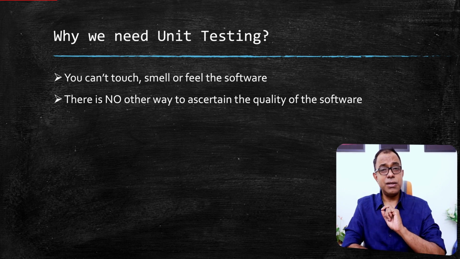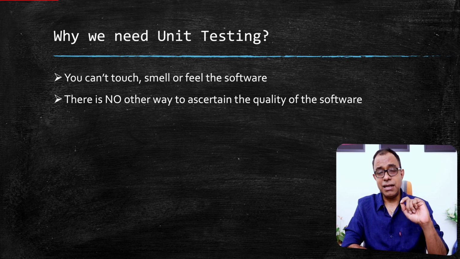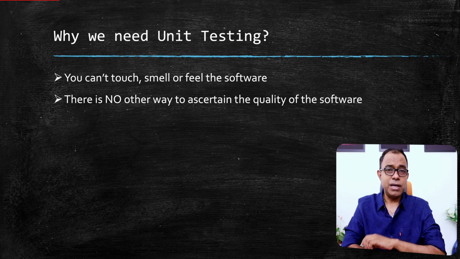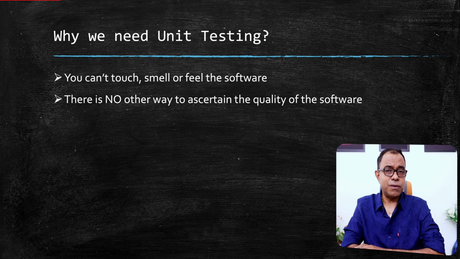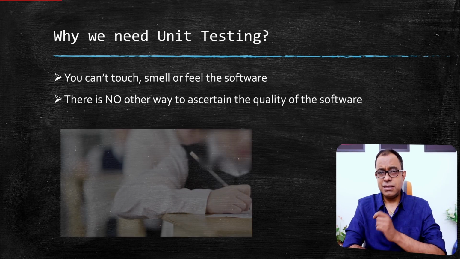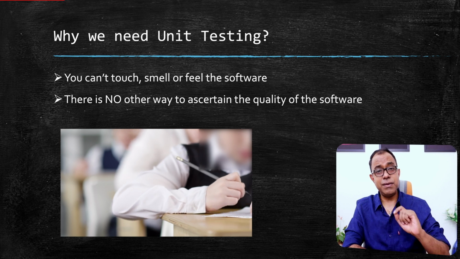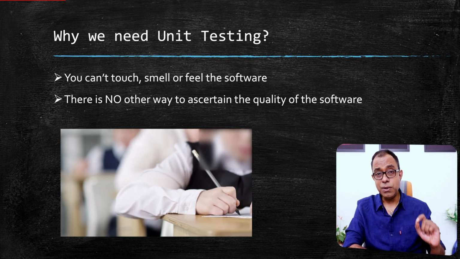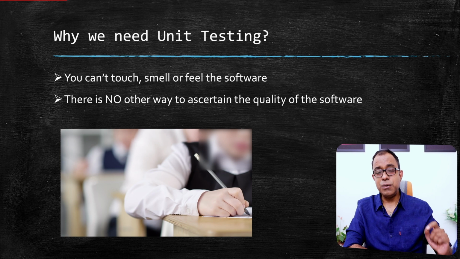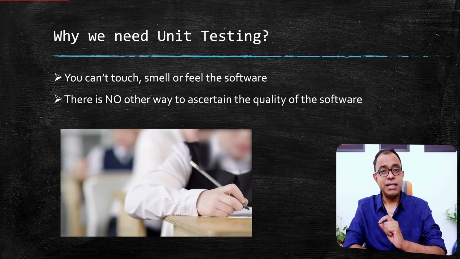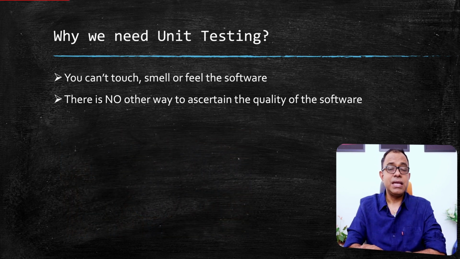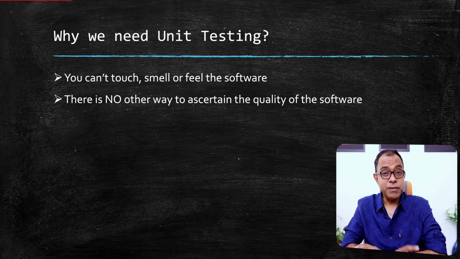Because tests are the only thing which can validate and verify the quality as well as the functionality of the software. Since tests are the only way, you need to make sure that each and every unit of the software written to support some functionality needs to be tested. And that's why unit testing plays a pivotal role in ascertaining the quality of the software.